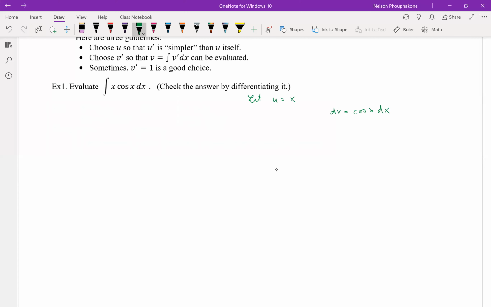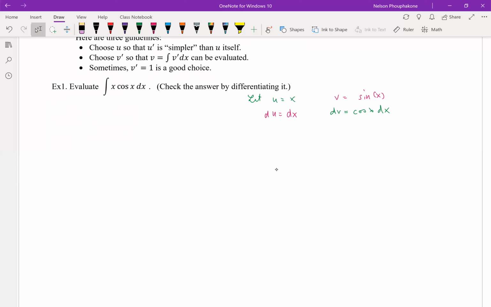In this case, du is equal to dx. And what is v? v will be sine of x, because the derivative of sine is equal to cosine.